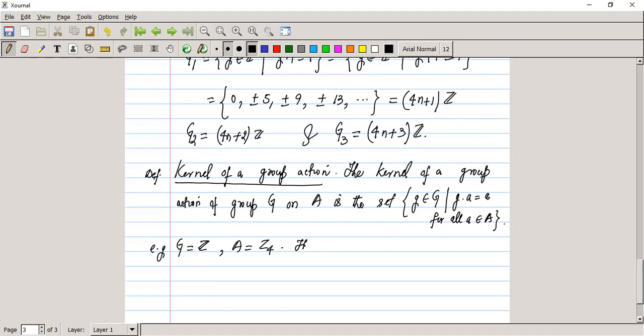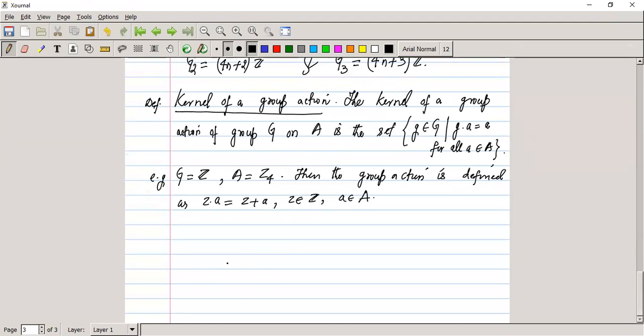Then the group action is defined as Z of A is equal to Z plus A, where Z belongs to the group Z and A belongs to the set A. Then we shall try to see what is the kernel.